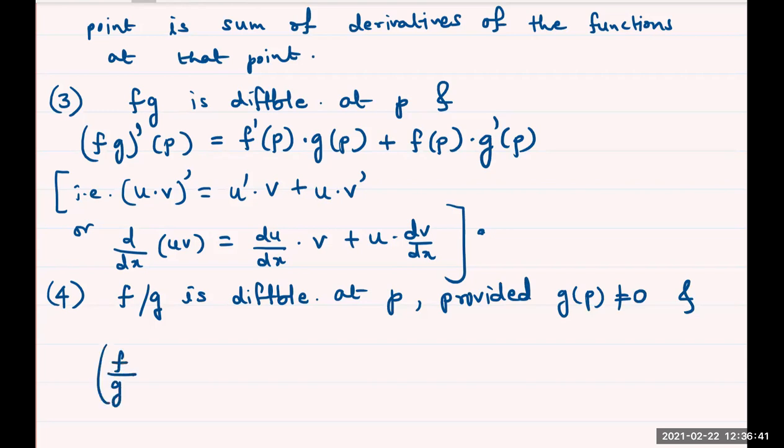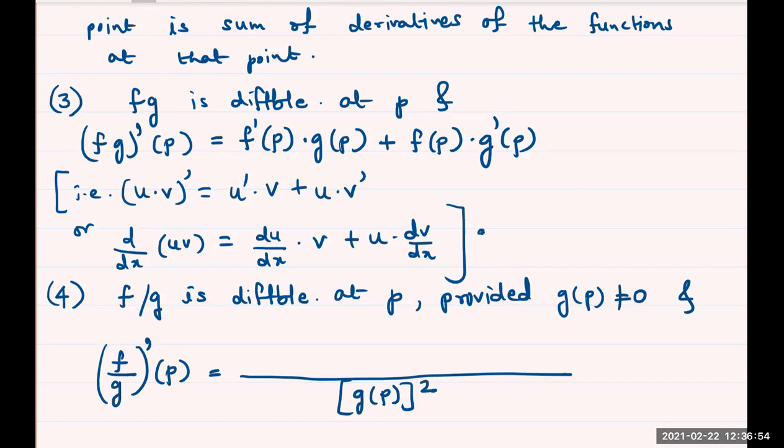And the formula is like this: (f by g)' at p is equal to, एक बड़ा सा डिवीजन लाइन दे दो और नीचे हमेशा आता है (g of p) brackets square. So I'm writing g of p in the denominator, इसलिए g of p cannot be zero. न्यूमरेटर पे क्या आता है f dash at p into g of p minus f of p into g dash at p.